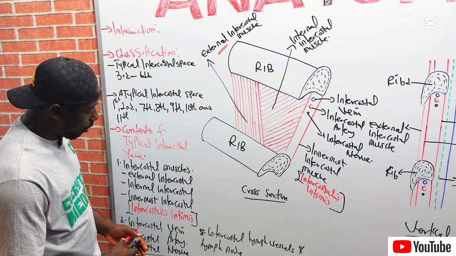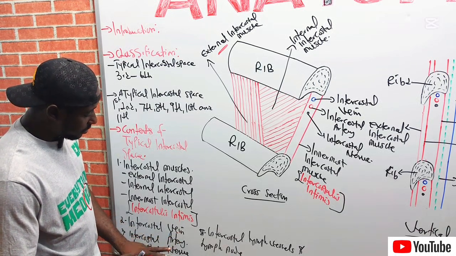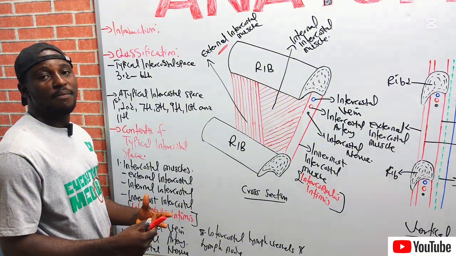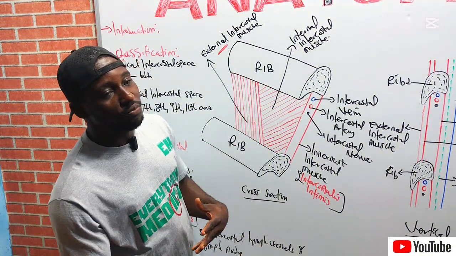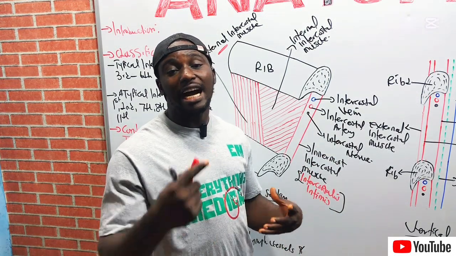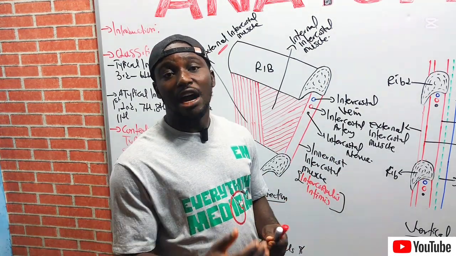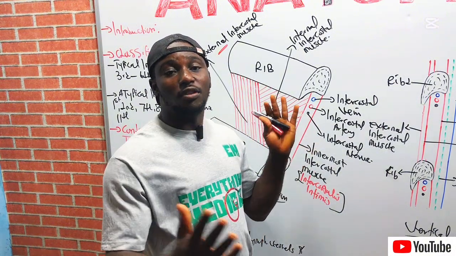On the area of intercostal veins, they are usually the veins that drain the thorax, right? We usually have the anterior and posterior intercostal veins found on both sides of the thorax.